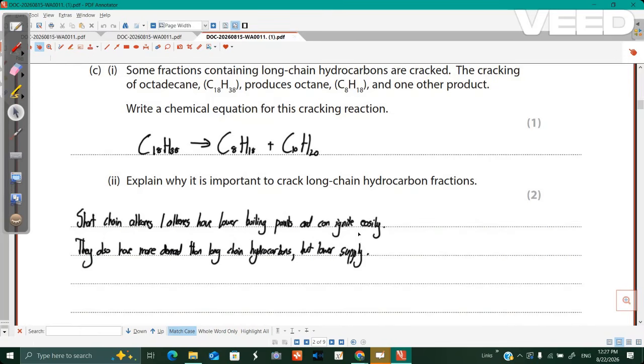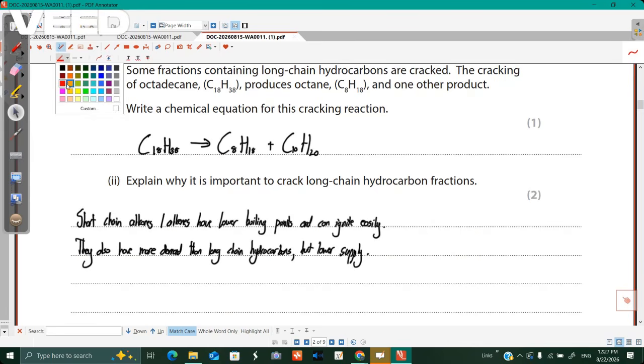Now, when you are writing it down, you have to write a general application. You mentioned ignite easily, so can you tell me the connection between this? Where did you learn this one? Ignition and the lower boiling point? Can you explain it to me?